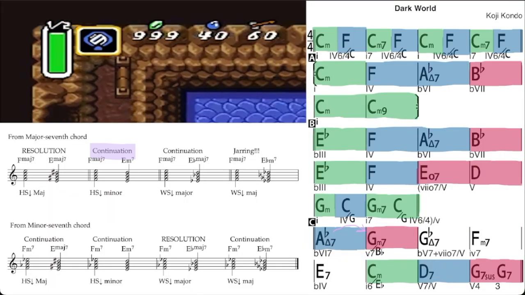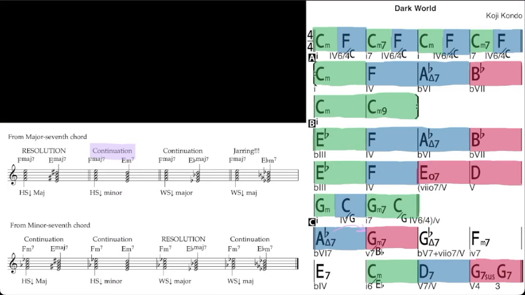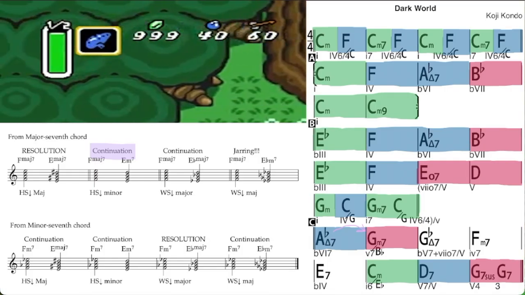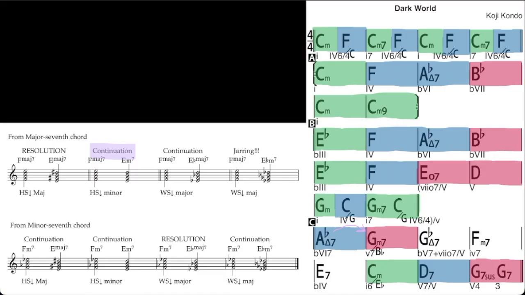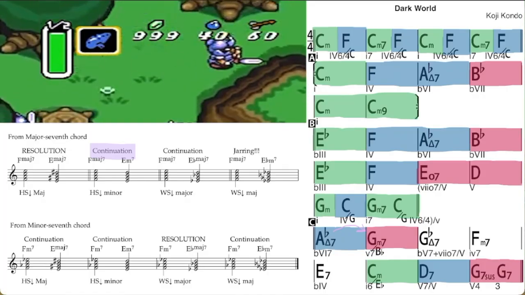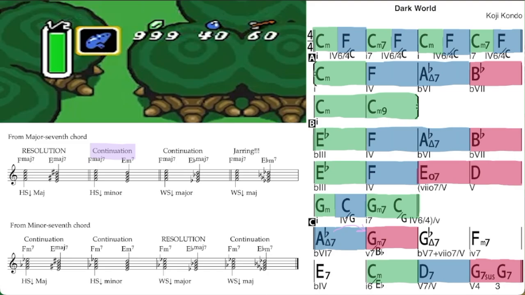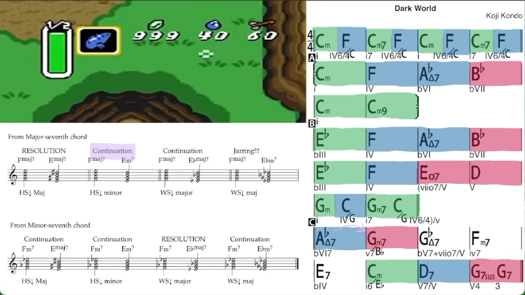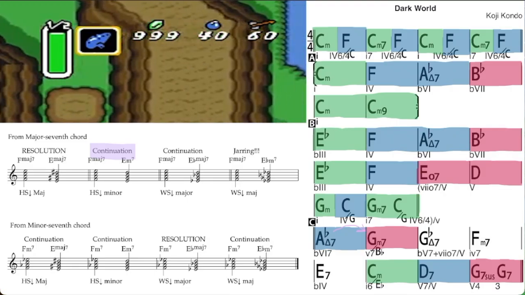Another way to look at it is to use these major and minor 7 chord rules. Because we kind of have both chords in here, we have the G flat major 7 and we have the 7 of 5 in here, we can kind of analyze it both ways. So that's a major 7 chord moving down a half step to a minor 7 chord, and that would be continuous. You see, that's the magenta colored thing on the diagram.